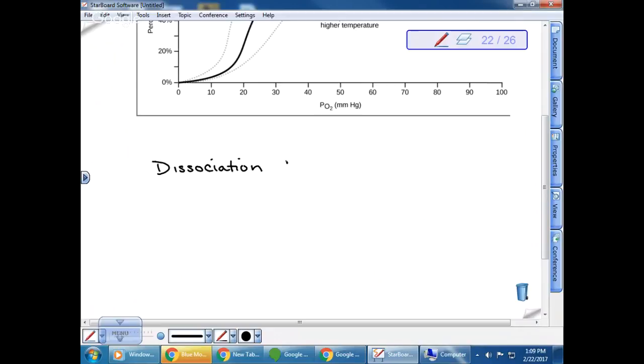Okay, dissociation curves. So these describe when oxygen will be taken up and when it will be released by hemoglobin. So when hemoglobin will bind oxygen and when it will release it.